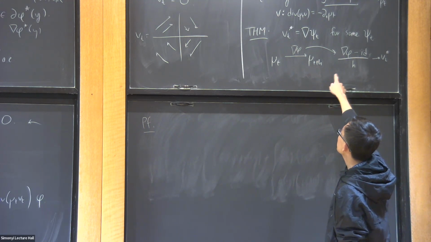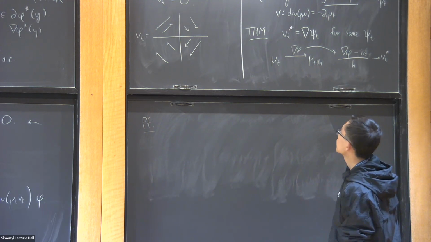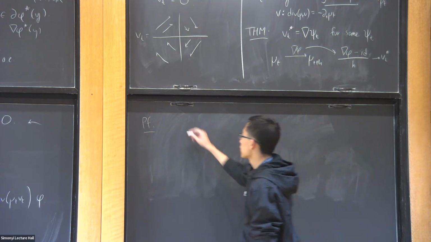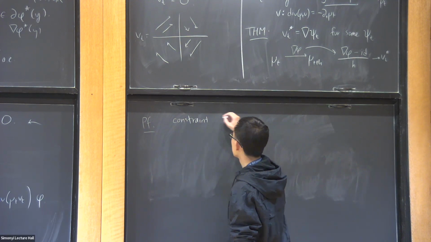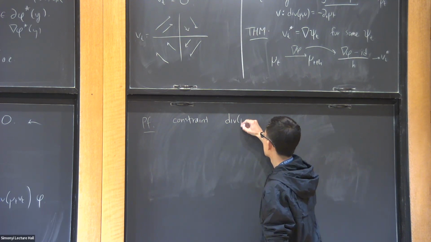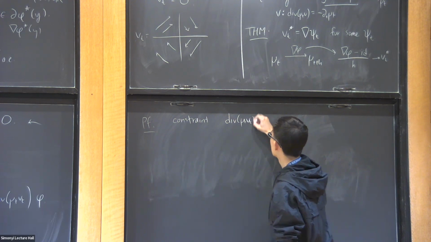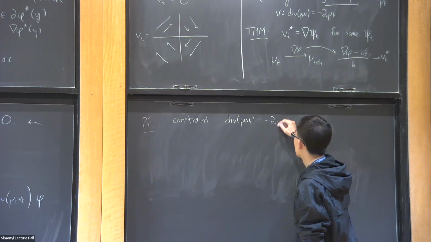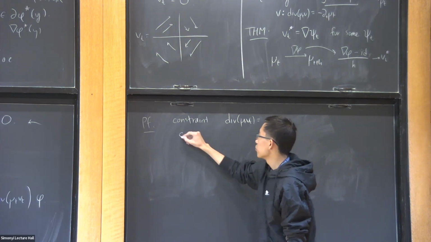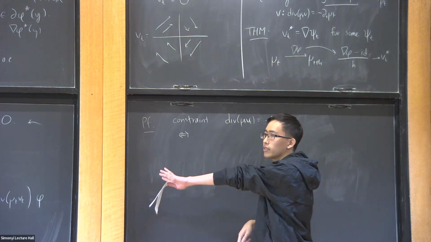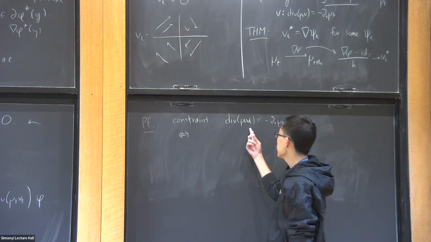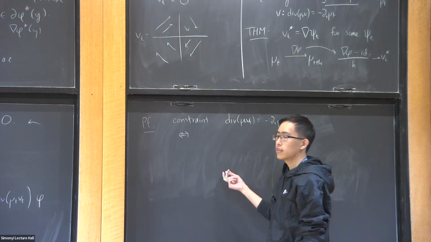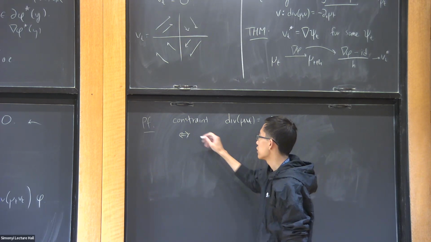Let's look at this constraint that the divergence of μt vt is equal to minus partial t μt. Based on the same derivation that we did for the continuity equation over there, this is completely equivalent to vt satisfying this with test functions.